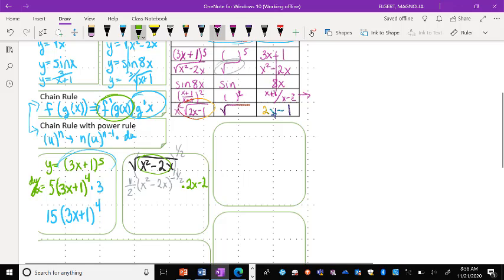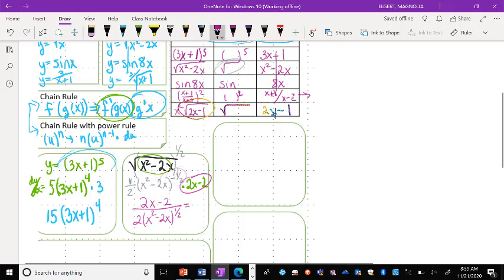Now it gets a little funky. Not really funky, but you just got to remember this is negative. So I'm going to bring that to the bottom. This is the base, so that's going to go to the denominator. This is already in the denominator. So then it looks like 2x minus 2, this piece in the numerator, over 2 times x squared minus 2x to the 1/2.